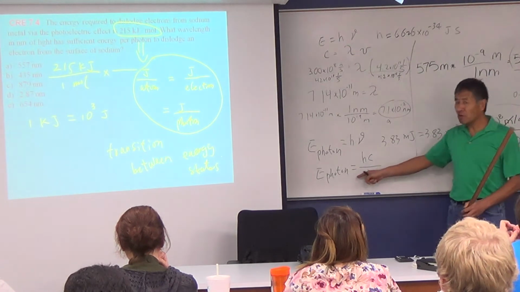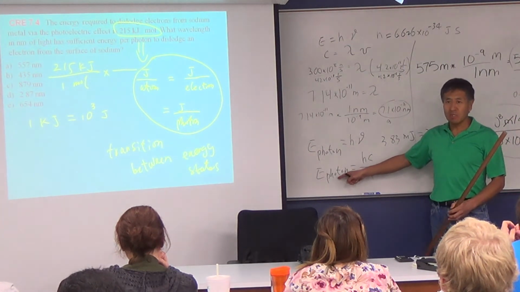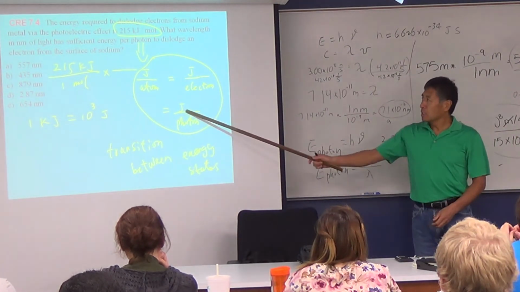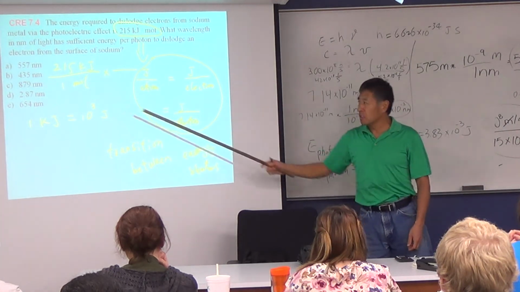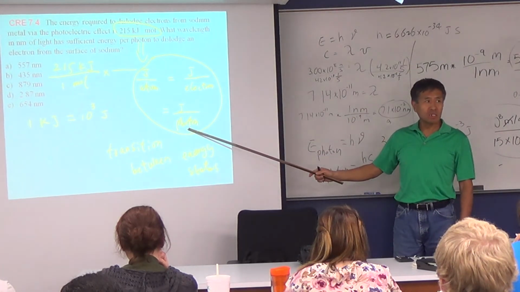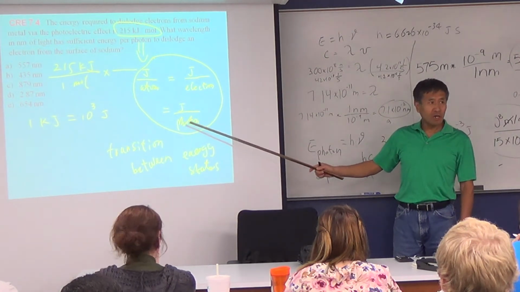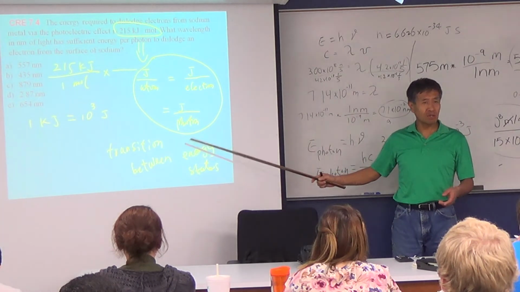It's very important to understand that this equation represents the energy for 1 photon. So we have to convert this unit here into something like this: here is a joule, here is one photon.